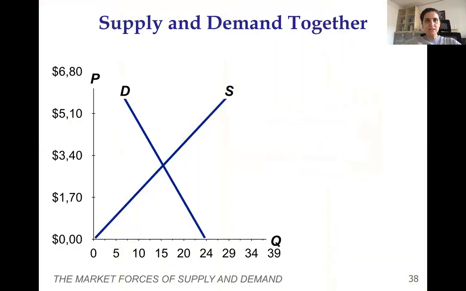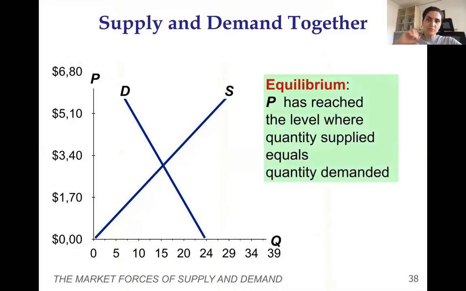So we did the demand side and we did the supply side. Now we are going to look at the intersection of those in order to look at market equilibrium. Equilibrium has two dimensions, right?